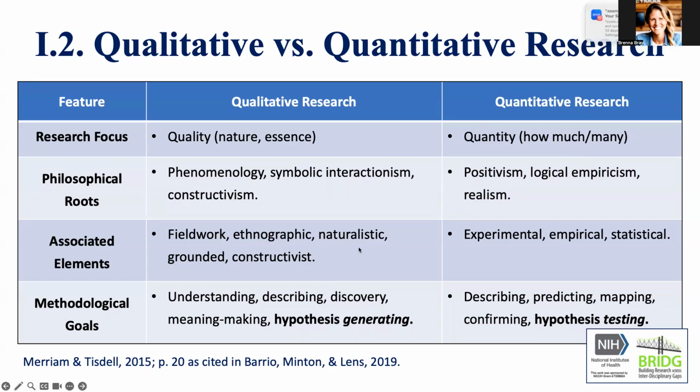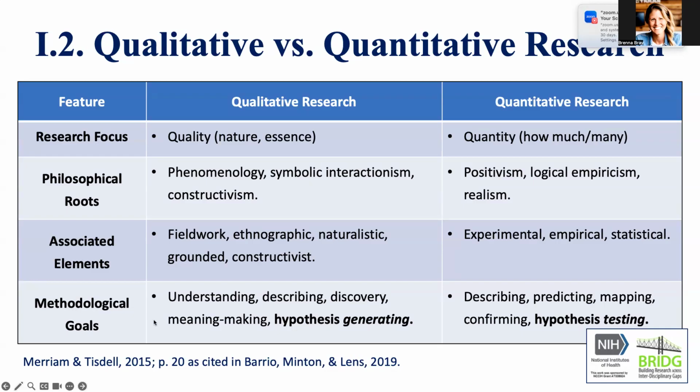In terms of associated elements, quantitative research tends to be experimental, empirical, and statistical, whereas qualitative research tends to focus on fieldwork, ethnography. It's more naturalistic, grounded, and constructivist.